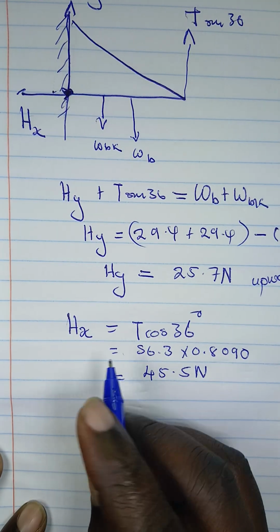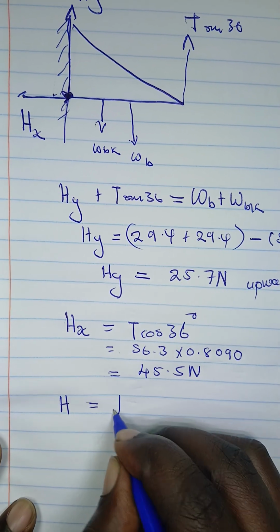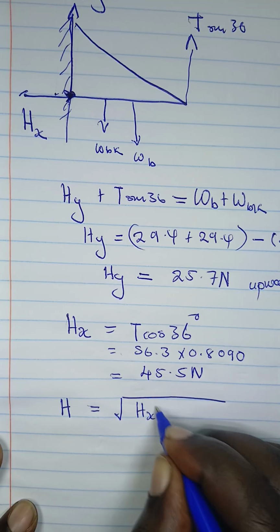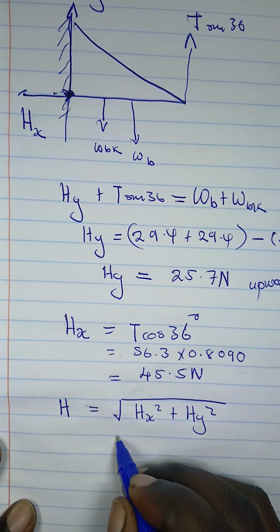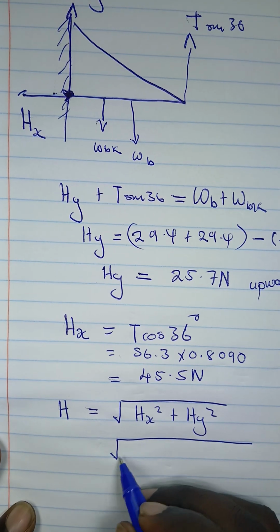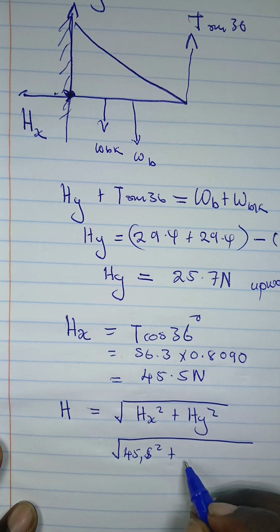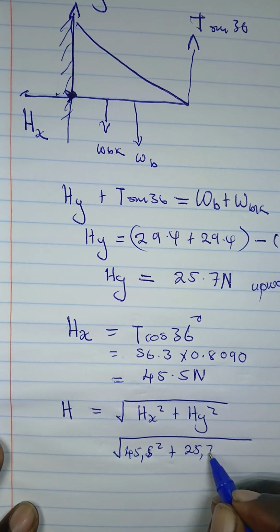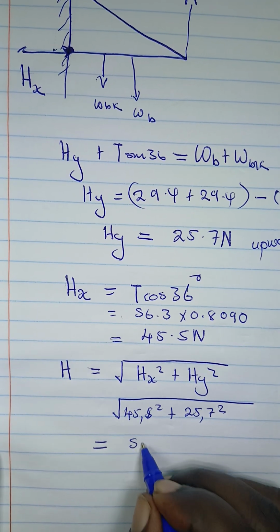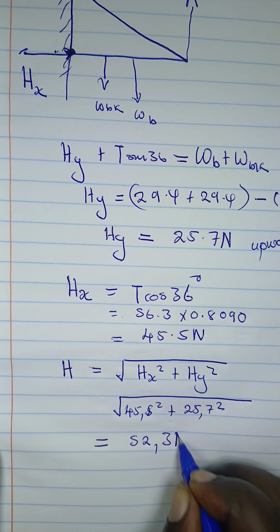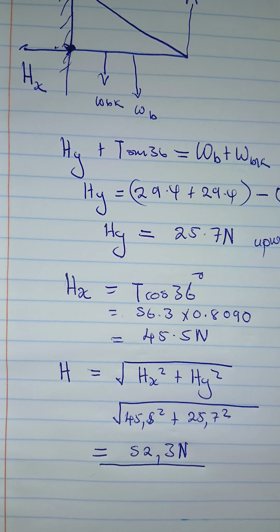According to Pythagoras' theorem, H is equal to the square root of HX squared plus HY squared. So this is 45.5 squared plus 25.7 squared. So H is equal to 52.3 newtons.